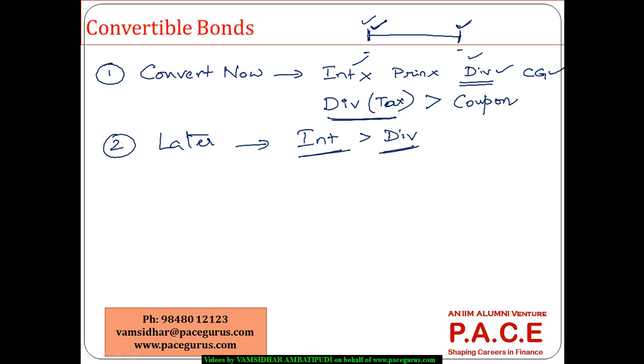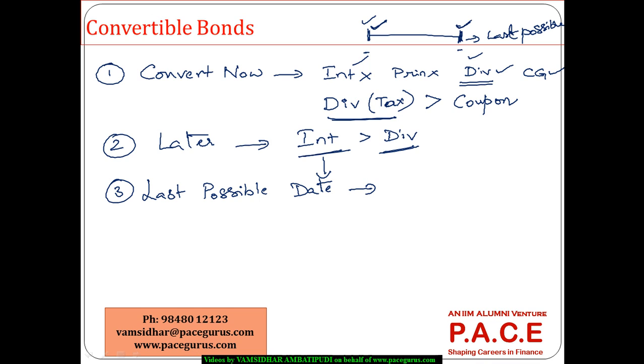And in some cases, there might be a possibility that once I reach here, which is the last possible conversion date. Now, this is where I'll see, would it be worth to convert, or should I forever continue it as a bond? Now, that is where I will not look at the interest, right? So, if I am looking at the last possible date, now after that, there is no chance of conversion.